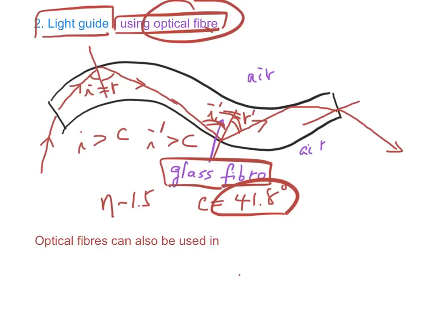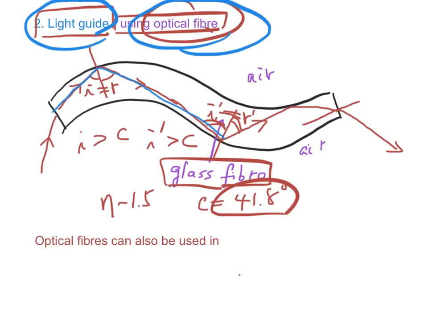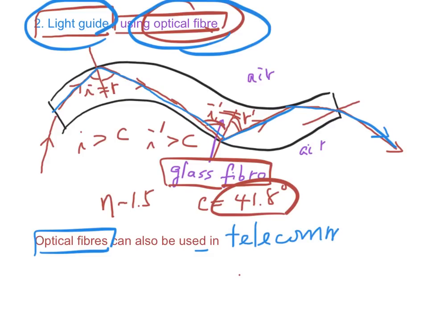In this case, the optical fiber acts as a light guide to guide the light traveling inside the tube. Note that optical fibers can also be used in telecommunications to deliver electrical signals.